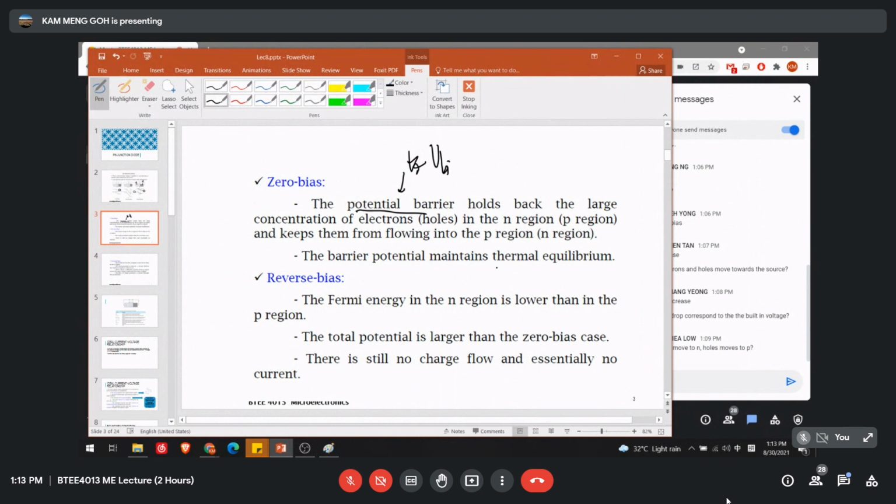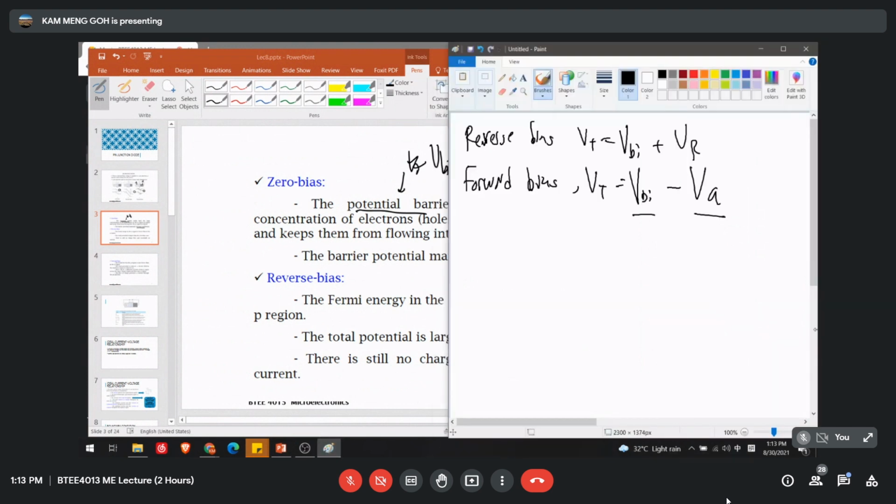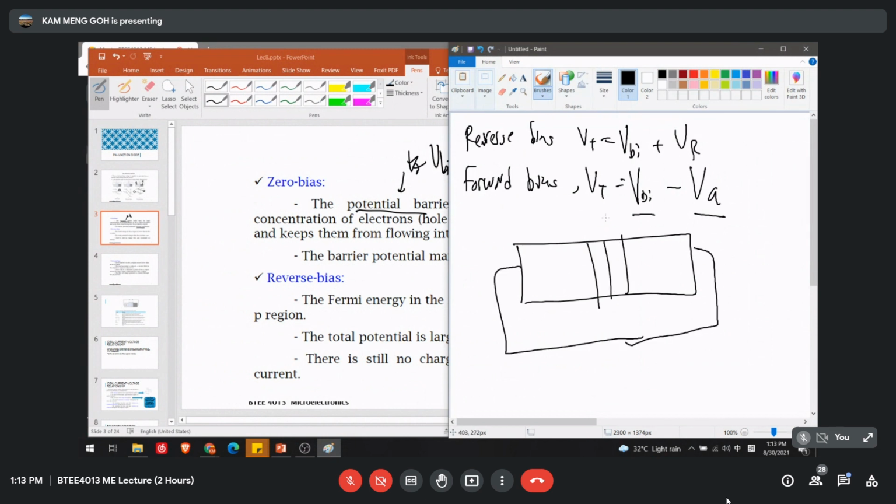So this will maintain the thermal equilibrium. Which means that originally in this zero bias, you didn't power anything, this acts as the block to block them from flowing to each other.